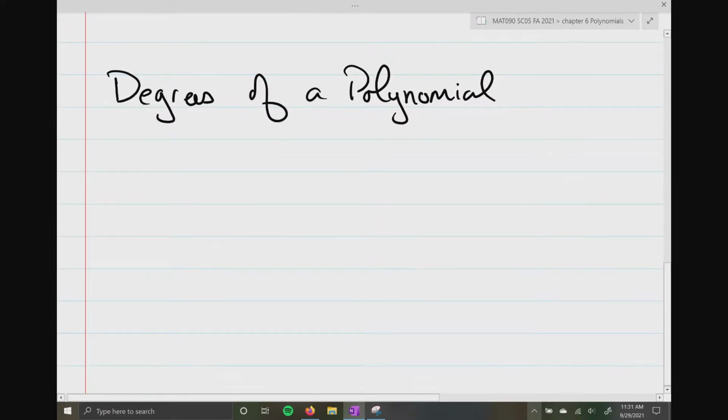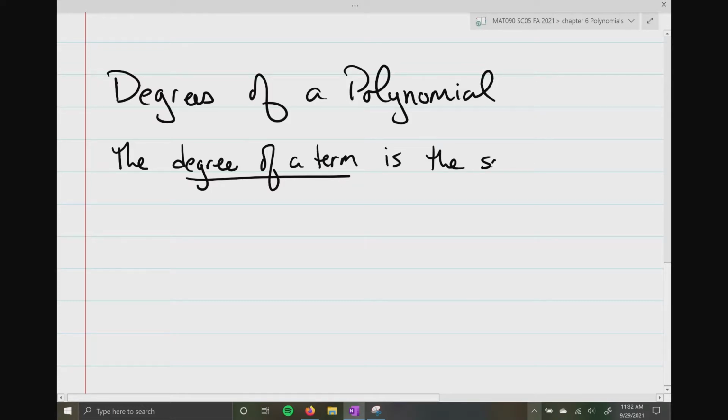So, degrees of polynomial. First, the degree of a term. This is important. The degree of a term is the sum of the exponents of its variables.